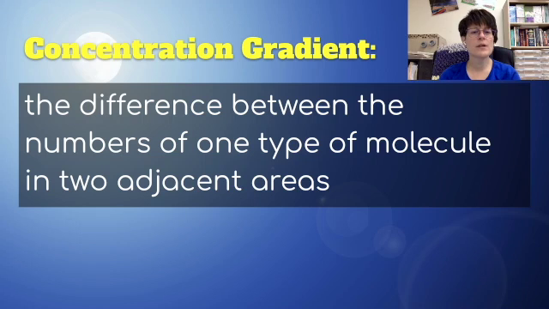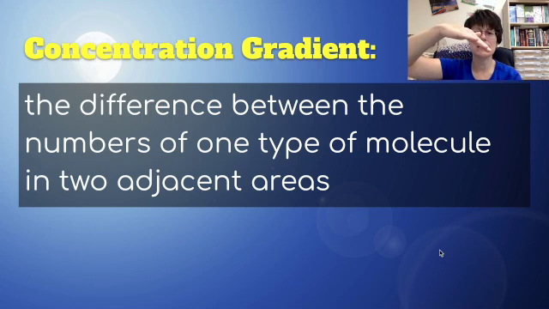Now, there's something called a concentration gradient. This is the difference between the numbers of one type of molecule in two adjacent areas. I realize this is more of the sky, but let's pretend this is a solution in which I put blue dye on the right-hand side. There's a higher concentration of blue dye over here, and it's spreading to the left where there is a lower concentration. There is a concentration gradient between the two areas.